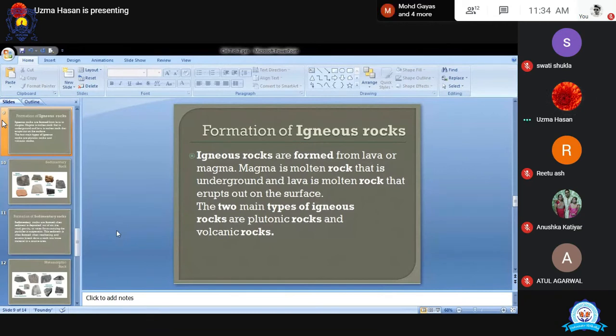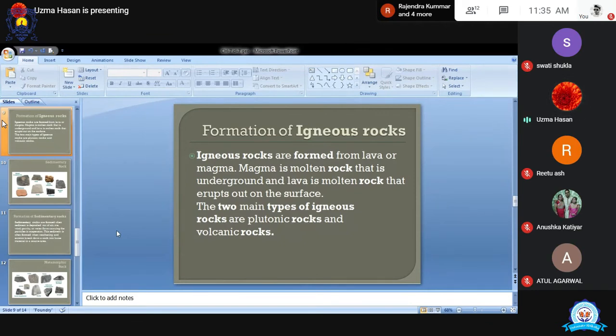Okay, so magma is molten rock that is underground, and lava is molten rock on the surface. थोड़ा सा गड्ढा खोदा और रॉक निकाल दिया, नॉट दैट. काफी ज्यादा अंदर जब हमको रॉक्स मिलती है तो दैट इज मेड अप ऑफ मैग्मा, और जब हमको सरफेस पे मिलती है तो दैट इज मेड अप ऑफ लावा.